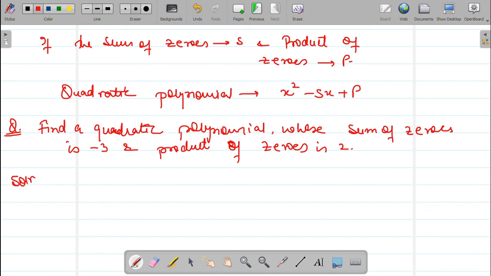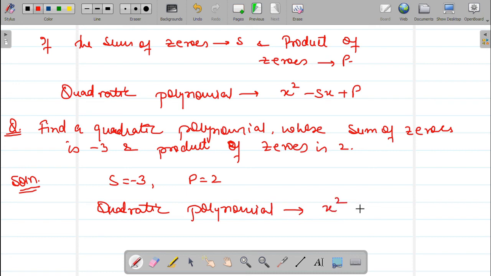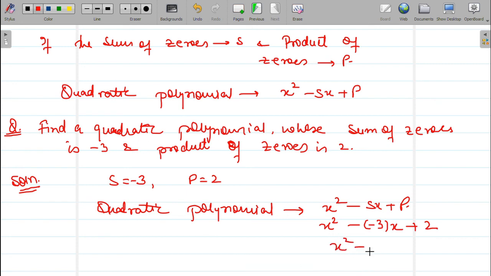It's very easy. Simply we take S is equal to minus 3 in this case, P is equal to 2. So according to the formula, the quadratic polynomial should be given by x square minus sx plus p. So x square minus of minus 3x plus 2. That will give me x square plus 3x plus 2.